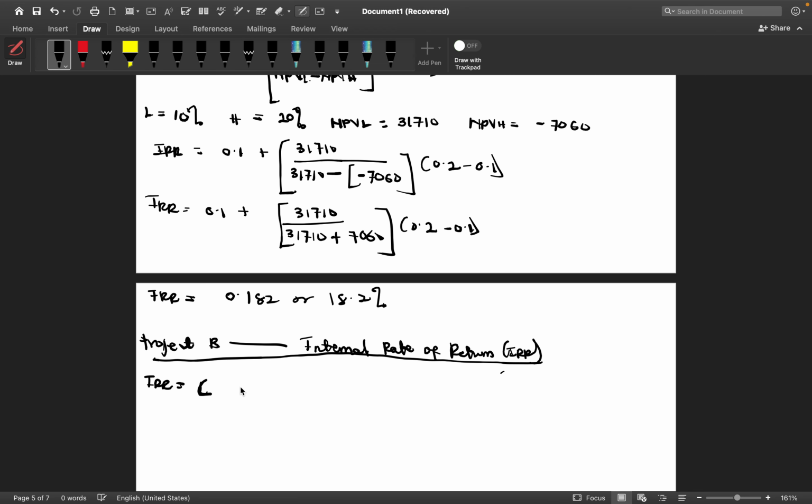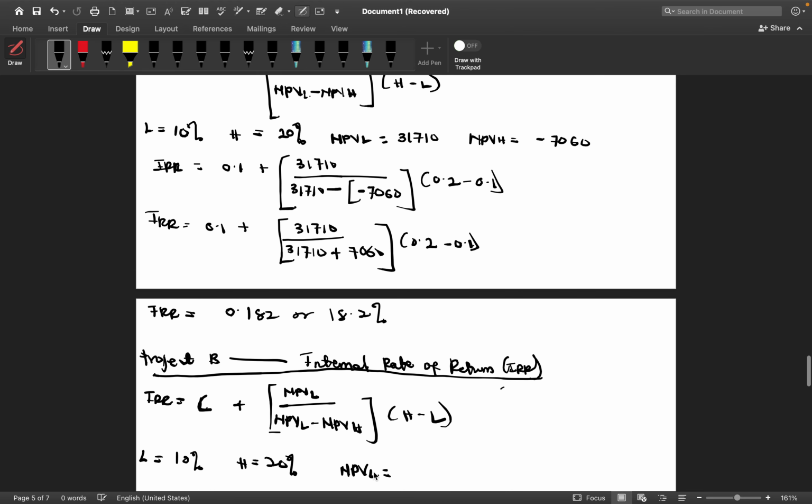This is L, this is NPVL over NPVL minus NPVH, times H minus L. So remember, the L is still 10%, the lower rate. H is still 20%, the higher rate. So now we need NPVL. Remember, this is project B, so we'll pick everything for project B. It means NPV at 10% for project B.